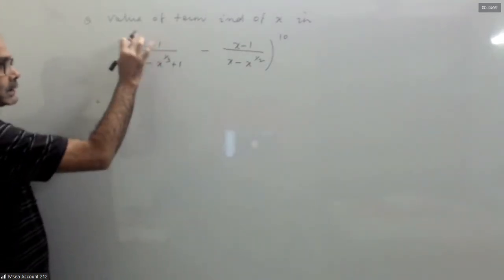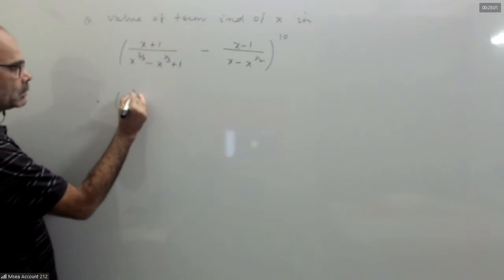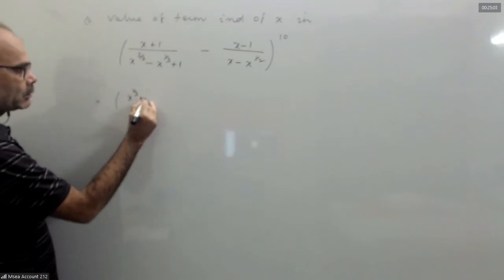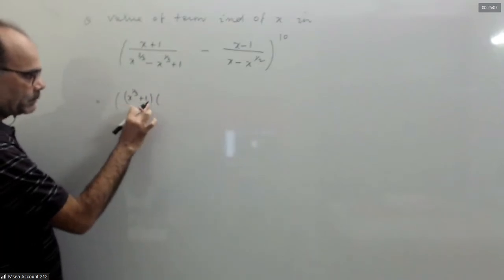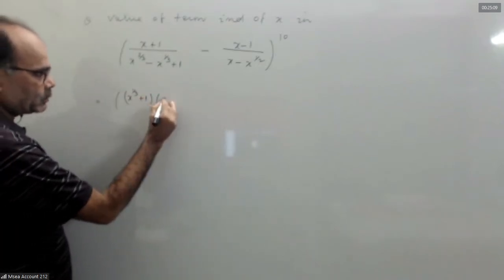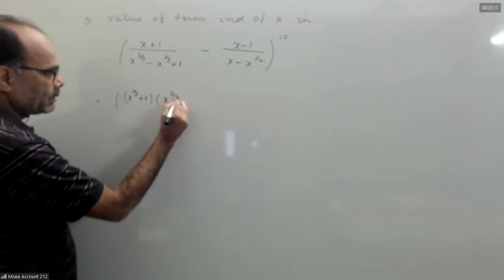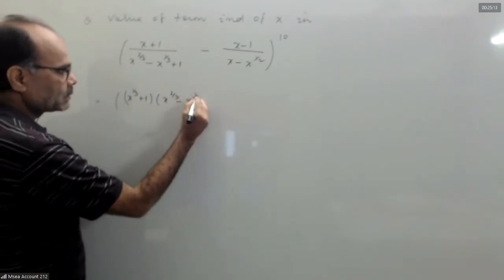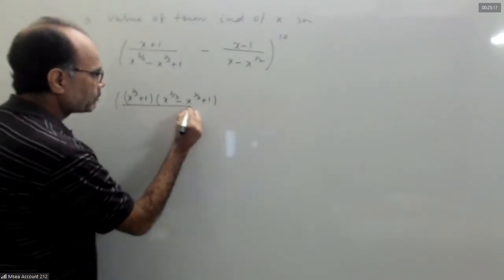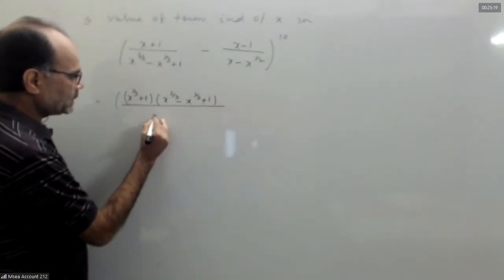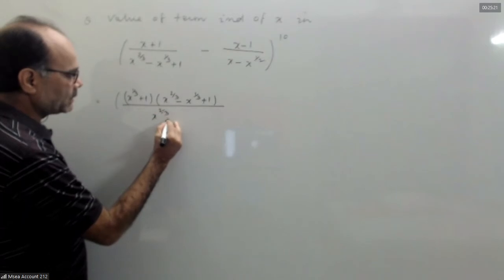I'm writing it. x to the power 1 by 3 whole cube, a cube plus b cube. This is a, this is b. a plus b into a square minus ab plus b square. So directly or indirectly, in every question, you will get some hint.